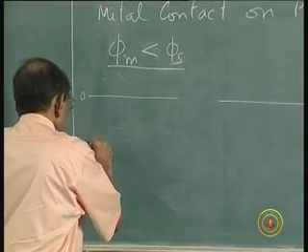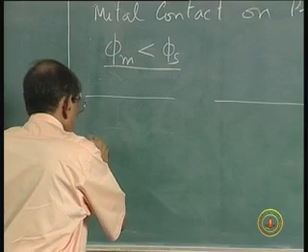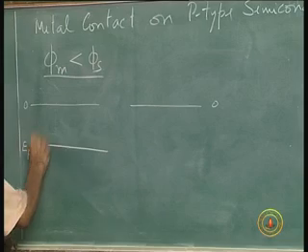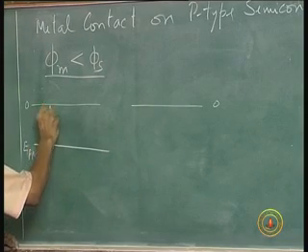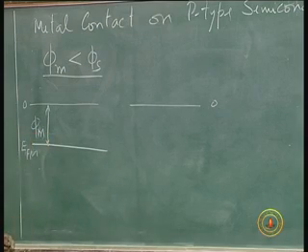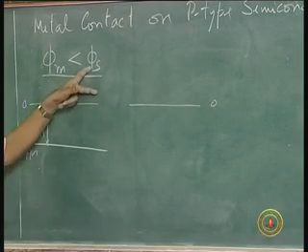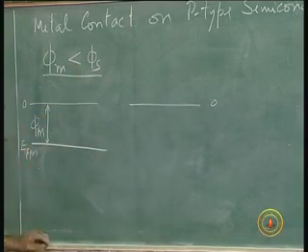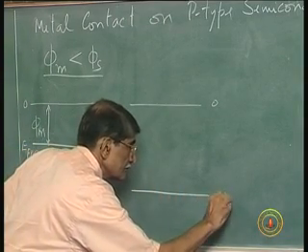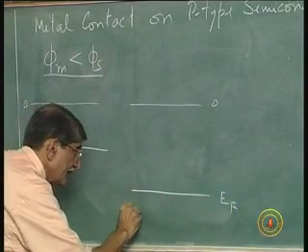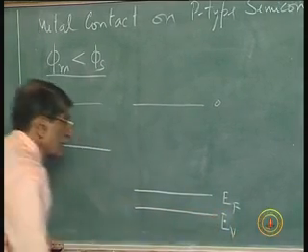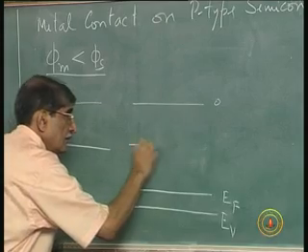So, this is the EF, that is phi m, and this is smaller than phi of s in a p type substrate. So, you will have this way down here, and p type semiconductor. So, E c is here close to the valence band, and the conduction band maybe here.